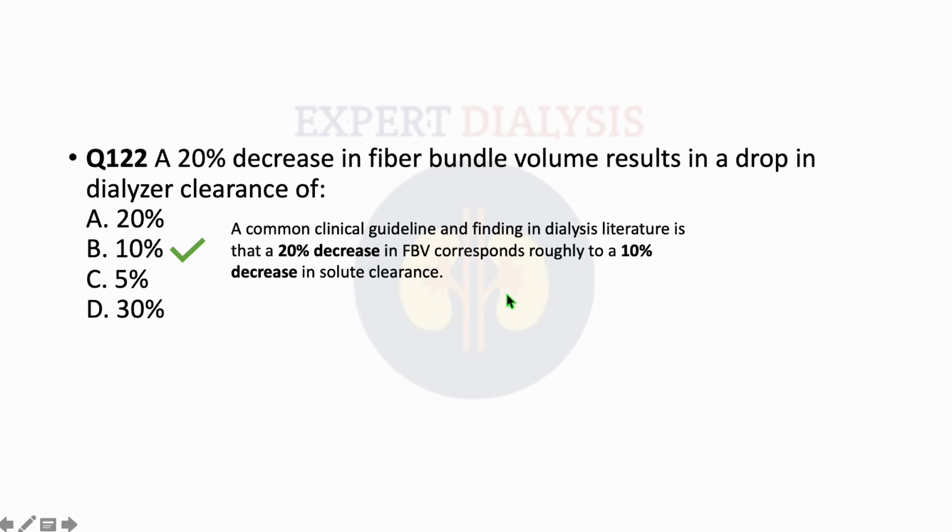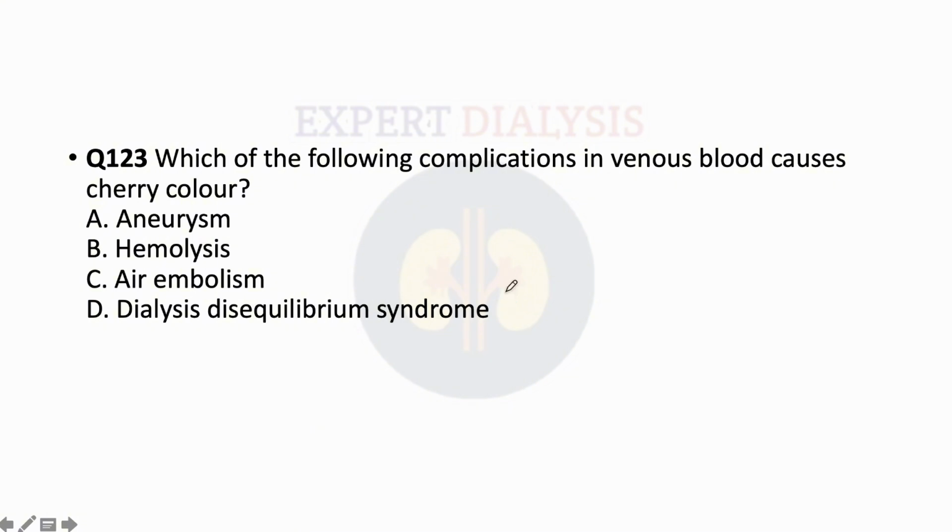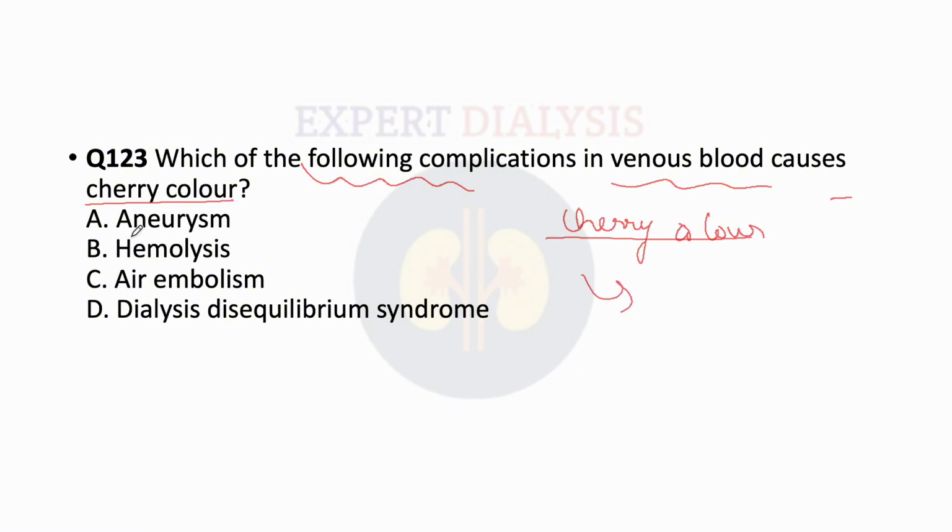Moving ahead, the next question says, which of the following complications in venous blood causes cherry color? Cherry color here is the key word. Option A is aneurysm, option B is hemolysis, option C is air embolism, option D is dialysis disequilibrium syndrome, that is DDS.